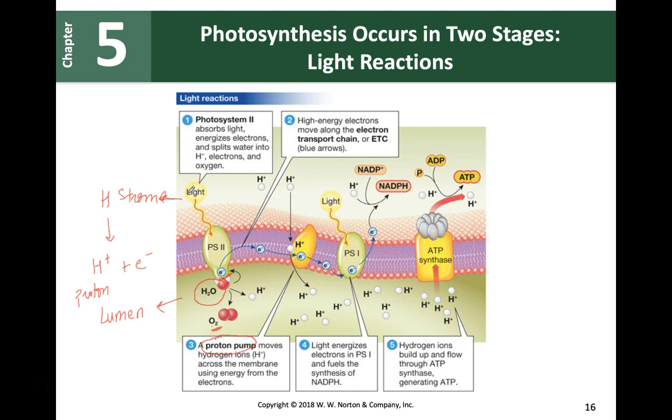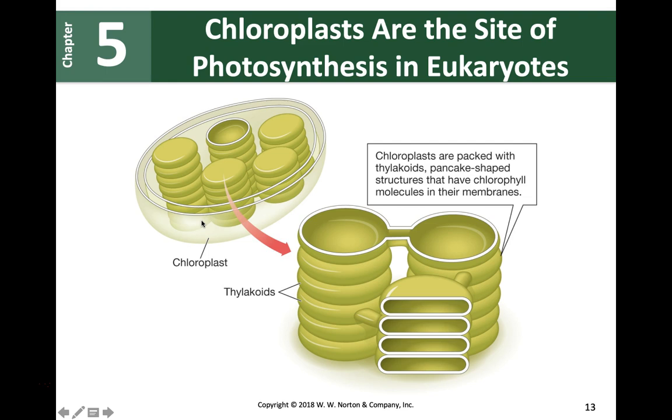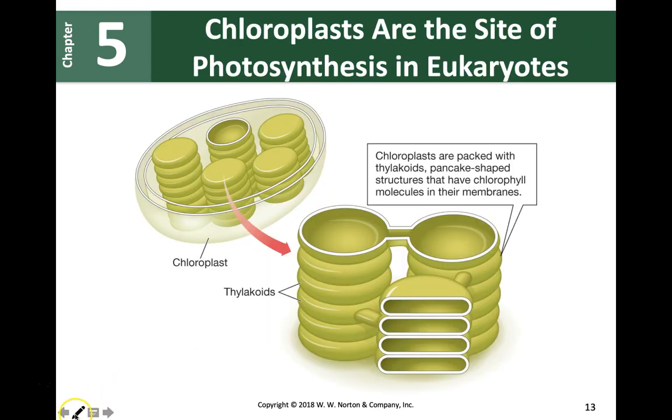Now guys, let me go back and show you where these places actually are. If you remember, this was our thylakoid. Let me actually go back even more. So yeah, this is your chloroplast structure, guys. So this is your thylakoid. This inside region of the thylakoid is called lumen. So this structure right here on the inside of the thylakoid is lumen.